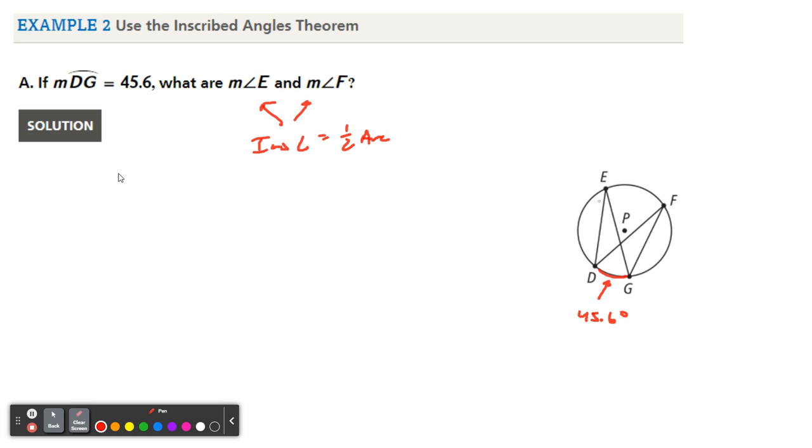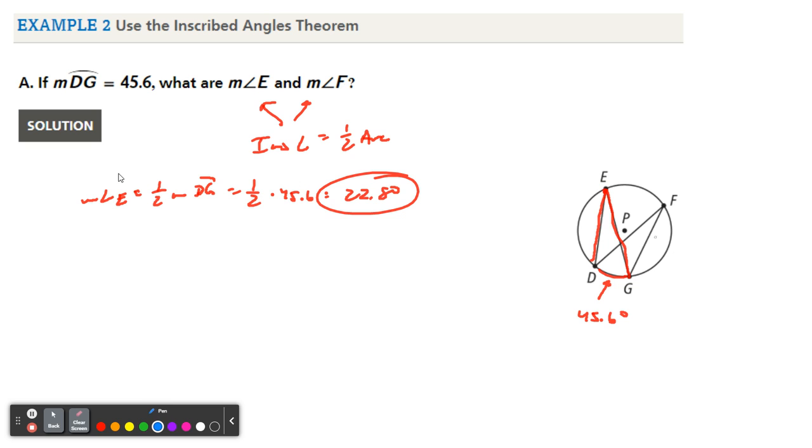So if we take E and trace its side, angle E goes to D and angle E goes to G. Notice that the intercepted arc of angle E is DG. So the measure of angle E is going to be 1/2 the measure of arc DG, which is just 1/2 of 45.6. And half of 45.6 is 22.8 degrees.